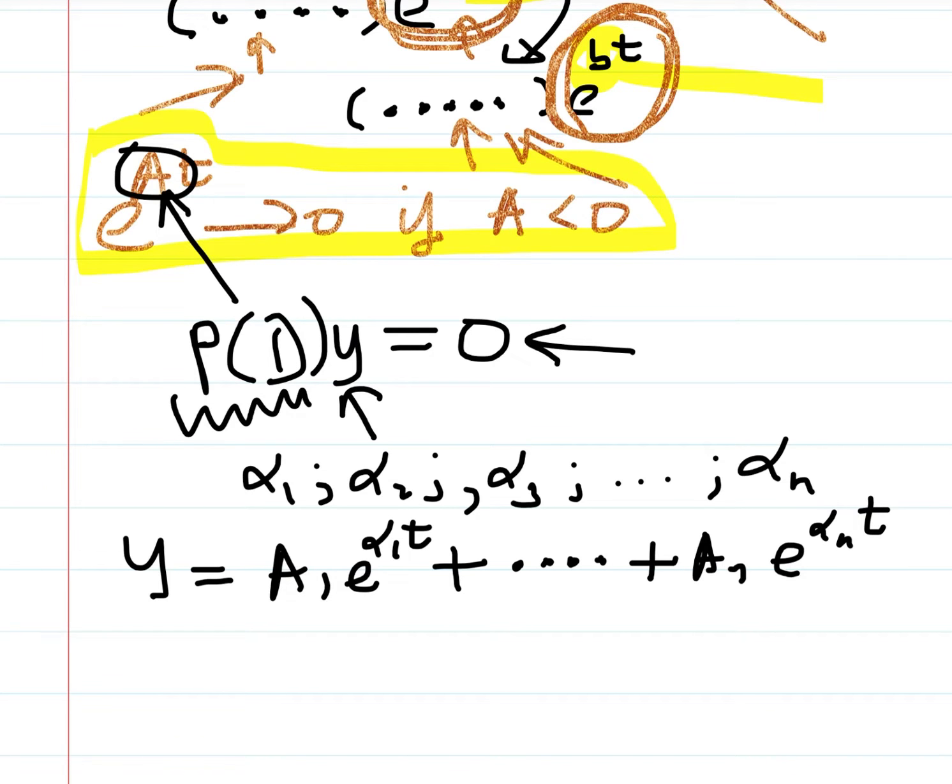So if any of these alpha i's, alpha 1 right up to alpha n, is positive, this solution y will not decay to 0 as t goes to infinity. All of them have to go to 0 for the solution y to decay to 0.